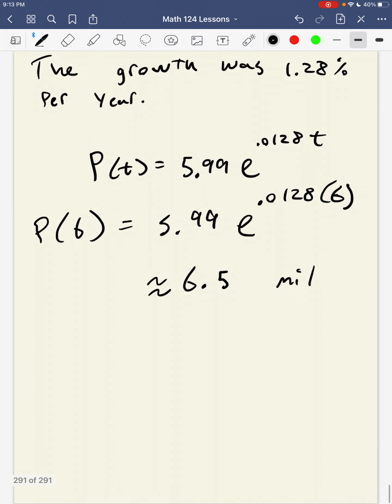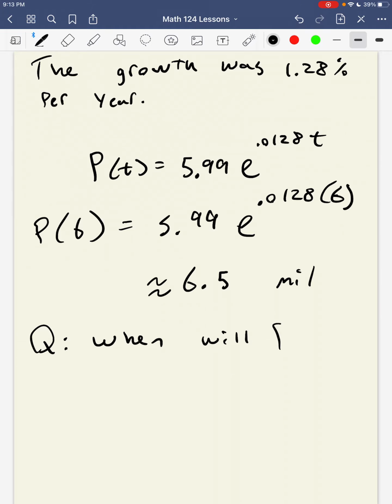Okay. What if we ask ourselves the following question? When will the population equal 9 million? Well, if we want to find the time at which the population is 9 million, we just set P of t equal to 9 and then solve for t.